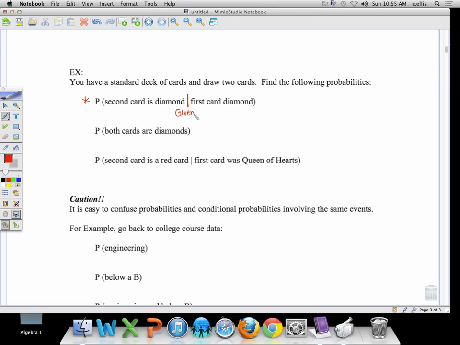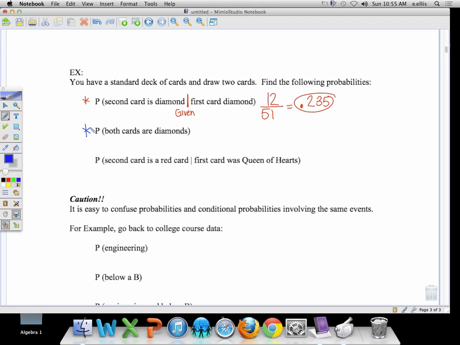Given the first card was a diamond, you took 1 diamond out, you're keeping it in your hands, and then you want a second card that's a diamond. Well, if 1 is in your hand, how many are left? Well, 13 minus 1 means there's 12 diamonds remaining, and of total cards, again, you took 1 out, so it's out of 51 cards, and you divide, you get 0.235 as your probability.